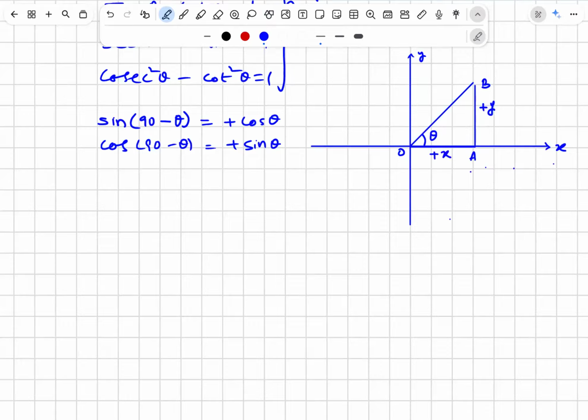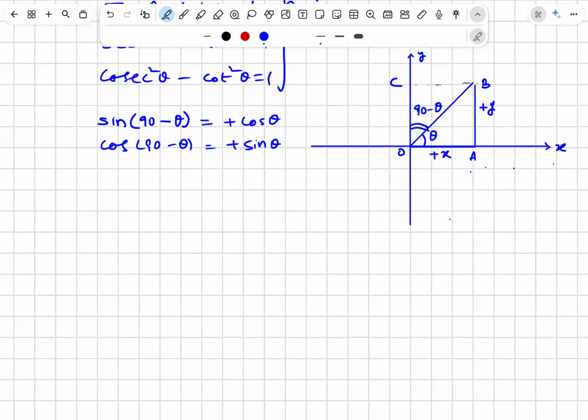This is a plus x. Okay. 90 minus theta. I am drawing a projection onto this y-axis. Let that be C.